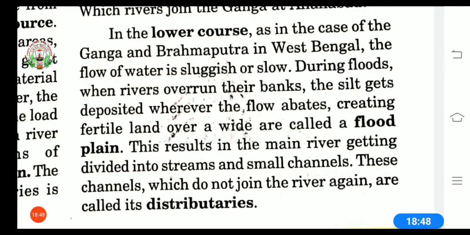So as speed is very less here, so what will happen, that silt will be started deposited anywhere wherever that flow of river becomes slow or becomes very less, and that silt also gets deposited there only, and that is creating that particular land fertile.